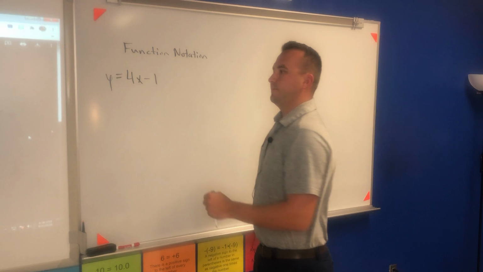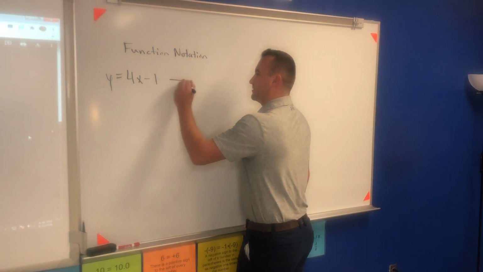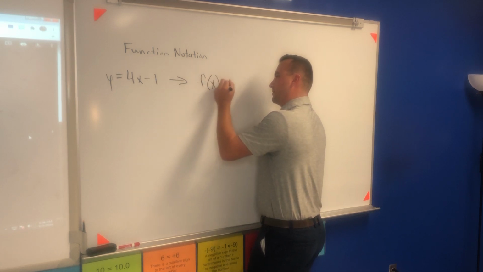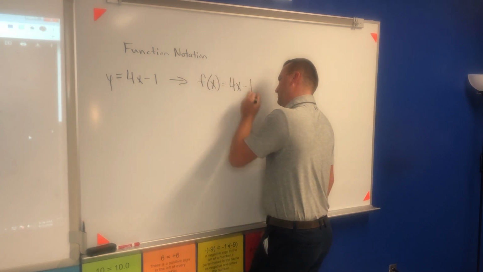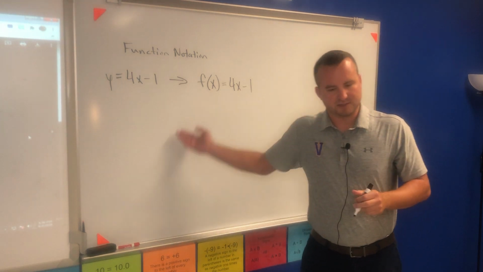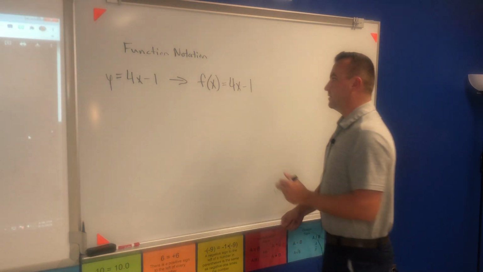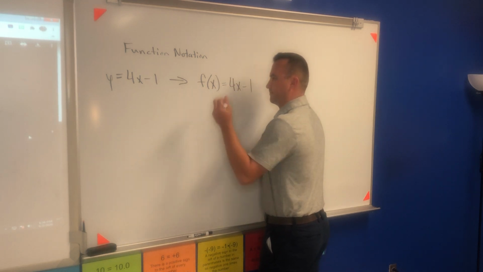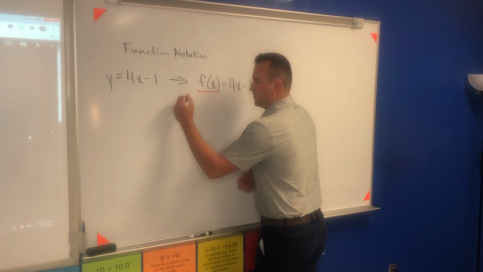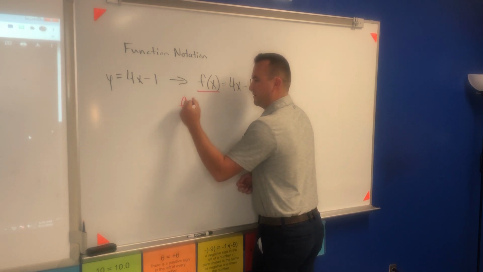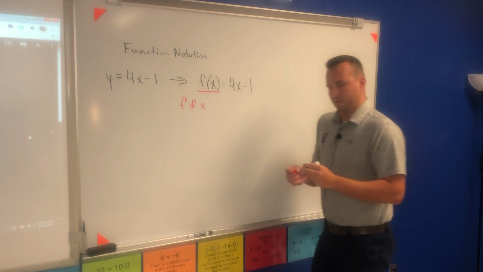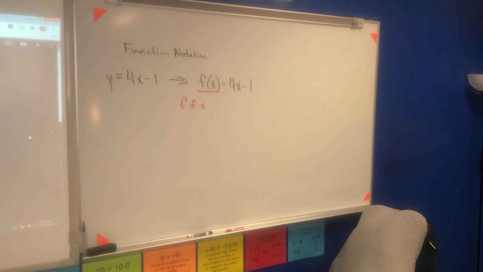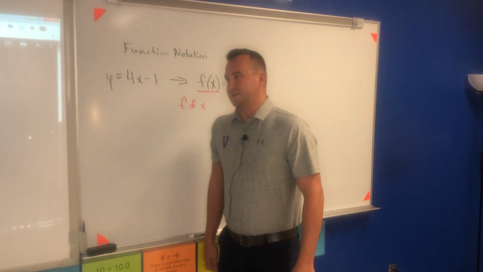This is normal, and now it is going to turn that into this, what we call function notation, okay? And this part here we pronounce f of x, or f of whatever number may be in the parentheses there, okay?